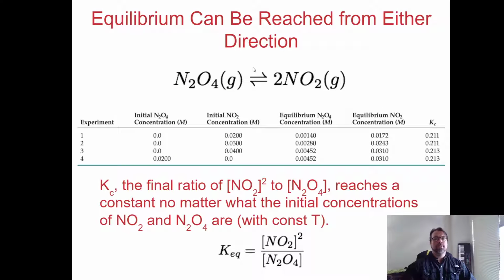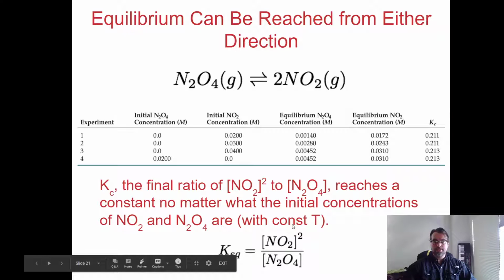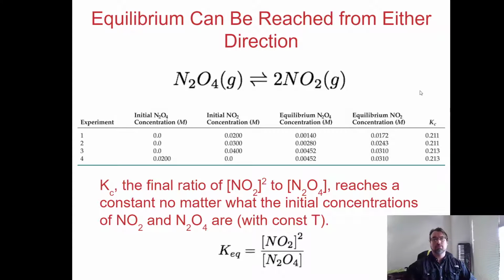But I want you to notice here that when we do this experimentally, the ratio between these two ends up being the same no matter where we started. Okay, so 0.211, 0.211, 0.213, 0.213. So these end up having about the same numbers.